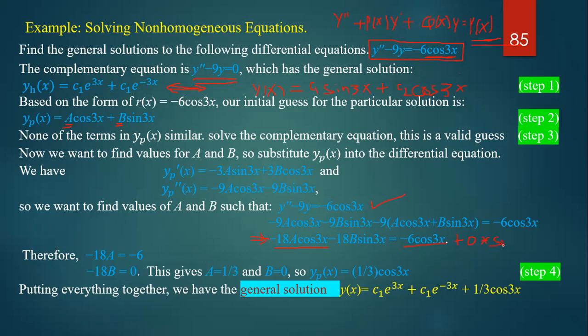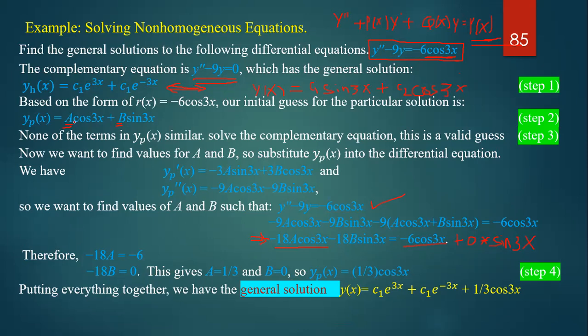We can simply assume 0 times sine 3x. So the sine 3x term is equated to 0, so that b is equal to 0. From that we get a equal to 1 over 3 and b equal to 0. So y particular is equal to 1 over 3 cos 3x.